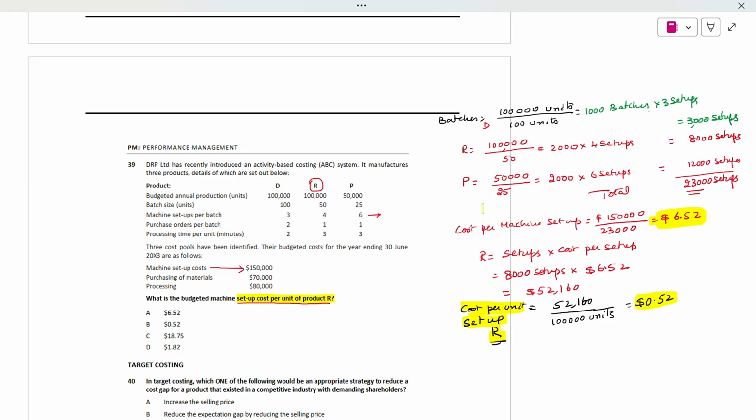It happens in exam mode. We want to do it very fast, we don't think, and we say 6.52, but actually it is not 6.52. It is 0.52. Are you clear about this?